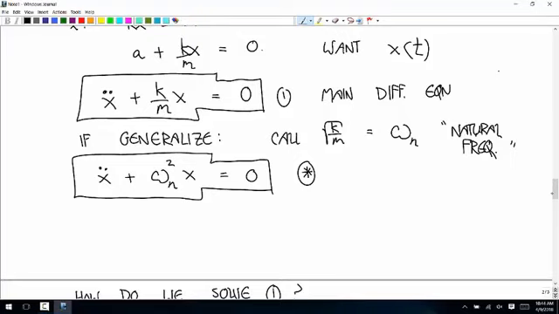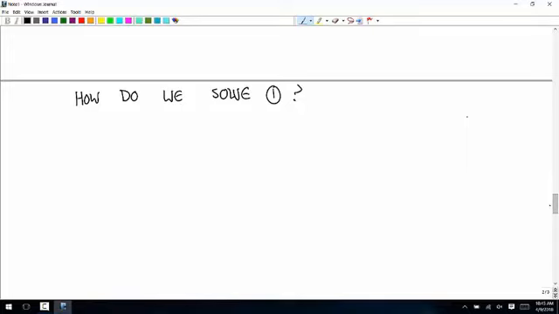And it's easy to check whether it works. So if I say, let's say x is equal to t squared, then I can take the second derivative of t squared, and check. In that case, it wouldn't work. So we have to keep looking. But I'm going to pretend like we just guessed this form.